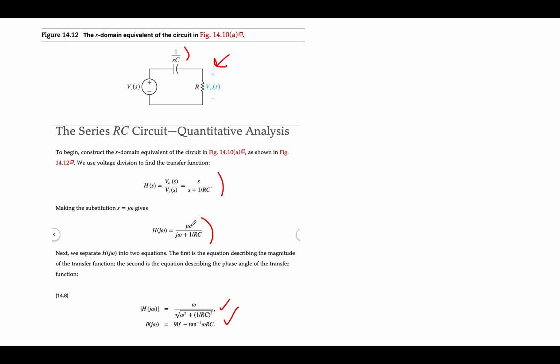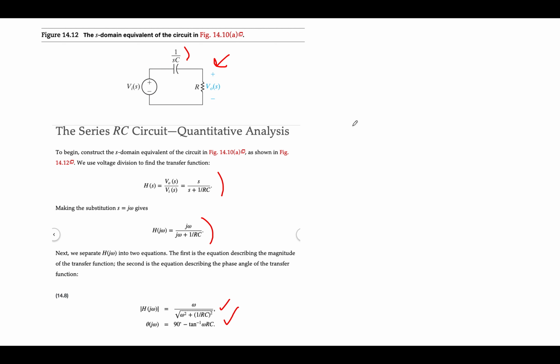The phase of the numerator, because it's imaginary only, is 90 degrees. The phase of the denominator is the inverse tangent of imaginary part over real part, and if we do some simplification on that, we get the following for the phase.